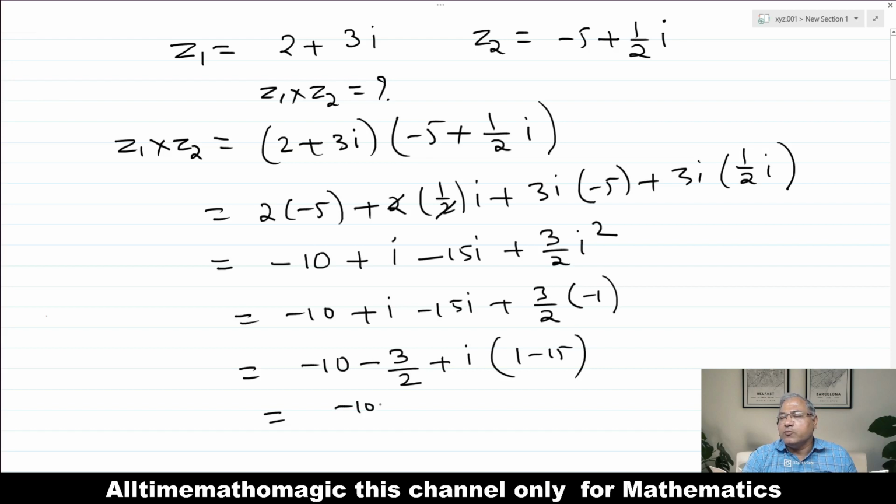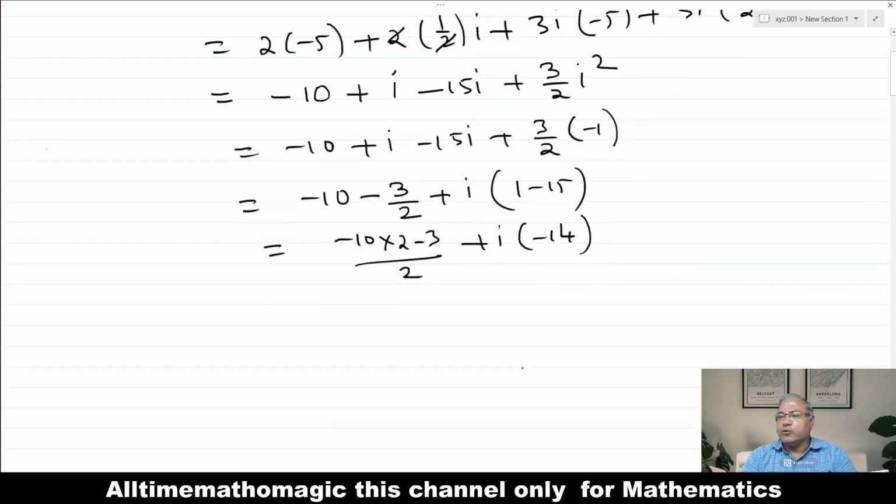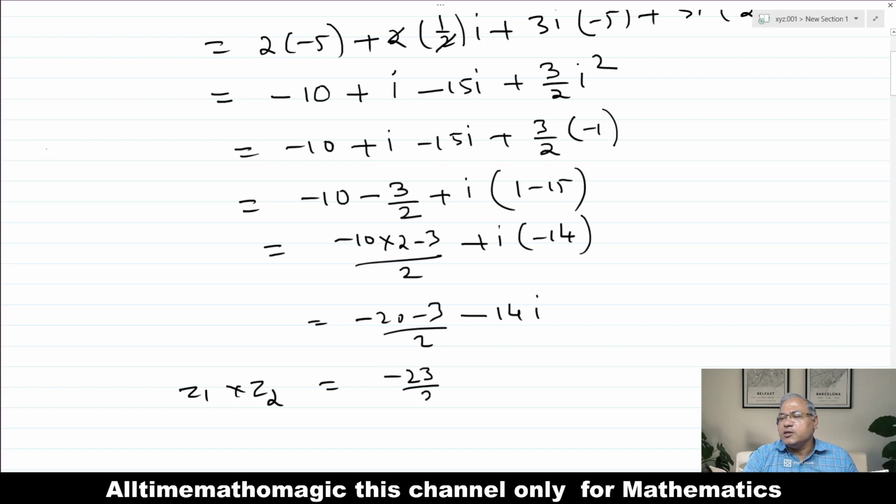So that equals minus 10 into 2 minus 3 upon 2 plus i into minus 14, that is minus 20 minus 3 upon 2 minus 14i. Therefore Z1 into Z2 equals minus 23 upon 2 minus 14i. This is the required result.